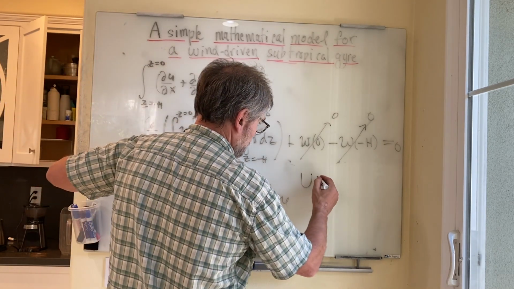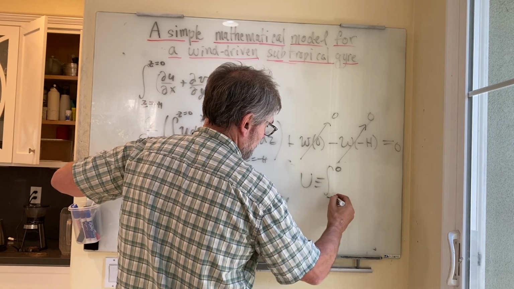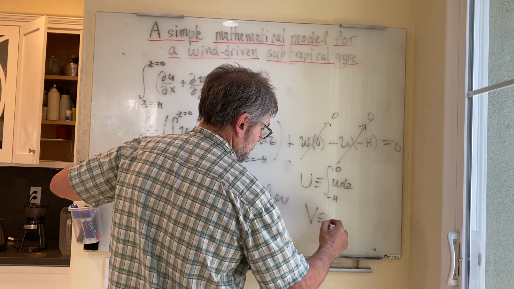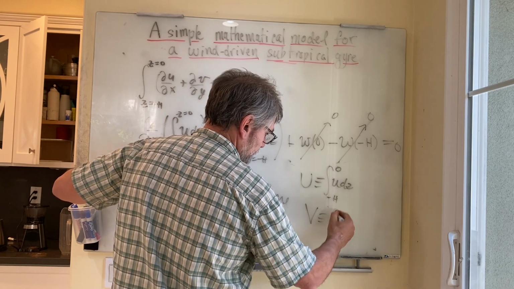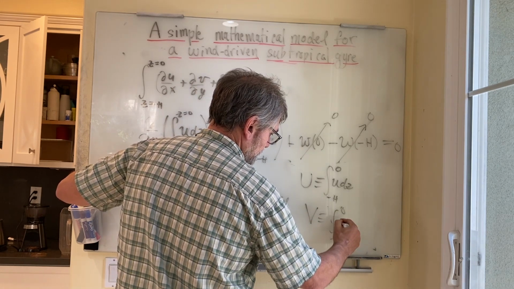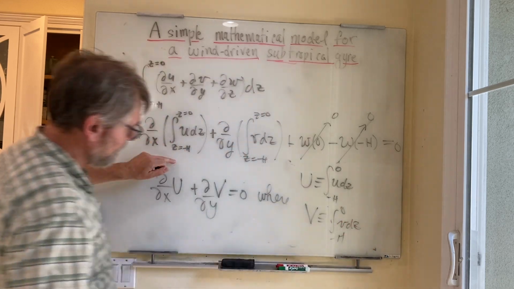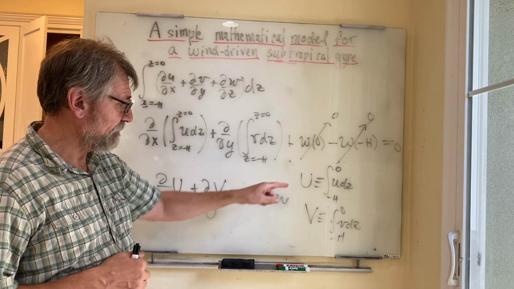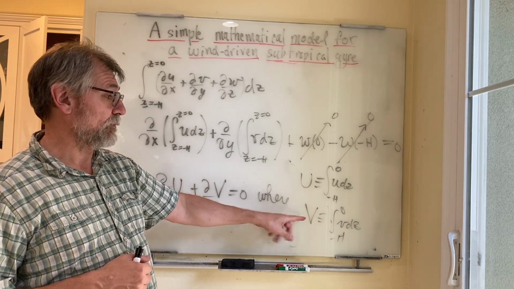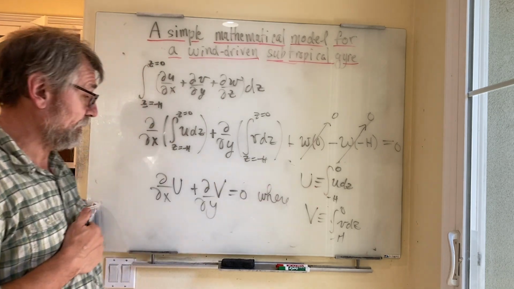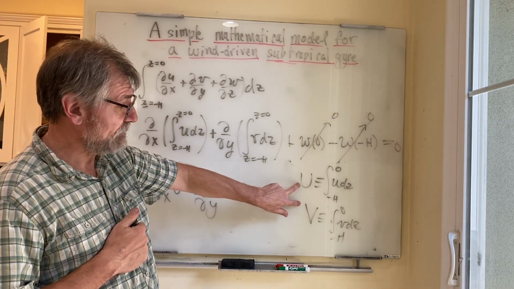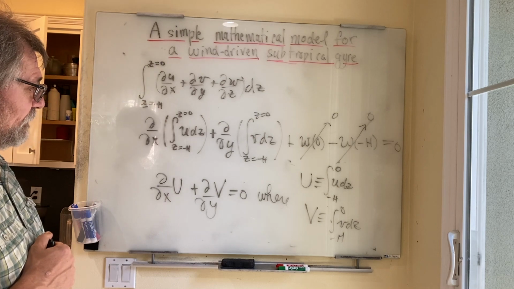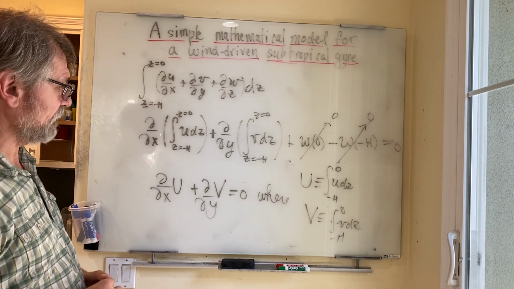So U is defined as the integral from 0 to minus h of u dz, and V is defined as the integral from the surface to the bottom of v dz. So these are these new variables. These capital ones are depth integrated currents. They vary in x and y, but they don't vary in z because the z variable has been integrated out. And we're going to work with these variables to make our simple mathematical model of the gyre, to keep things as simple as possible.